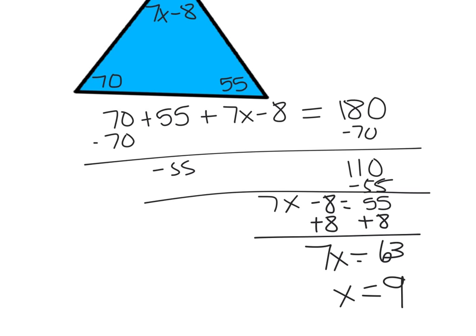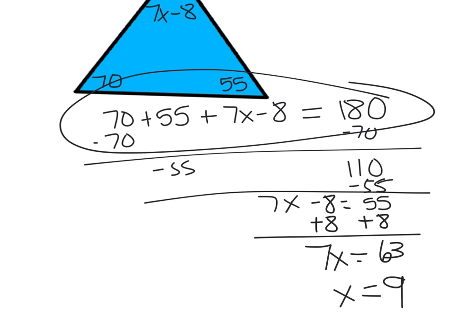So you can see this is a lot of equation going on. What I would do if I were you, I would grab my calculator and I would add these three numbers together. The 70, the 55, and the negative 8. And you'll get your 117 and then go from there.